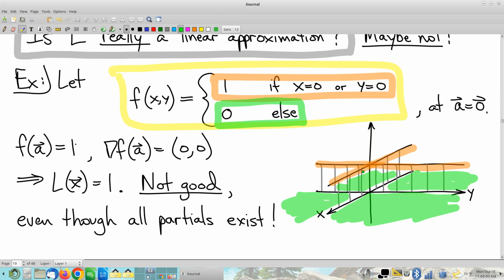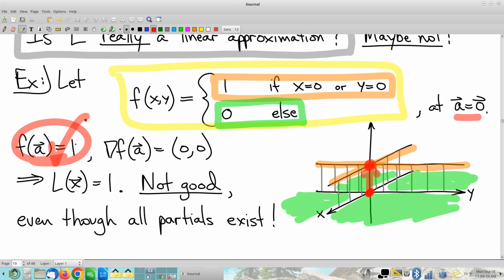Highly discontinuous, right? Okay, so let's take this function. Let's write down the formula that we just wrote down for how to find a linear approximation. Let's just assume that it exists like we had done previously. And in order to find the linear approximation, I'm going to have to take the value of the function at the origin, which is 1.